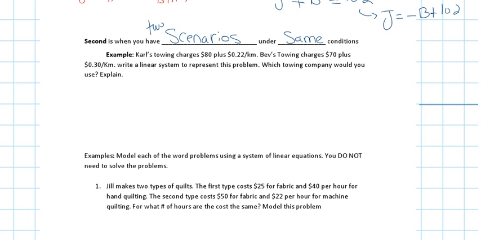If you drove 100 kilometers, then you'd do 0.22 times 100. So your variable is how many kilometers you drive. One of my variables is going to be distance, so D represents distance in kilometers.